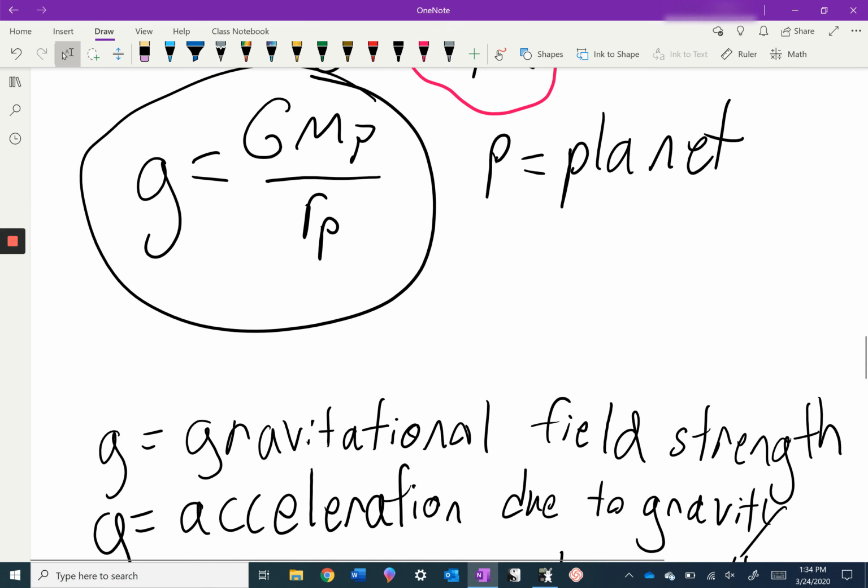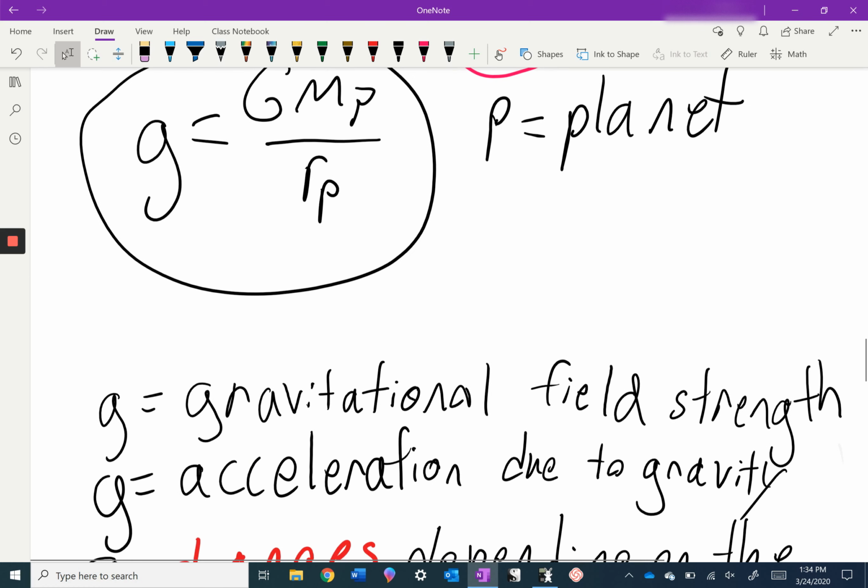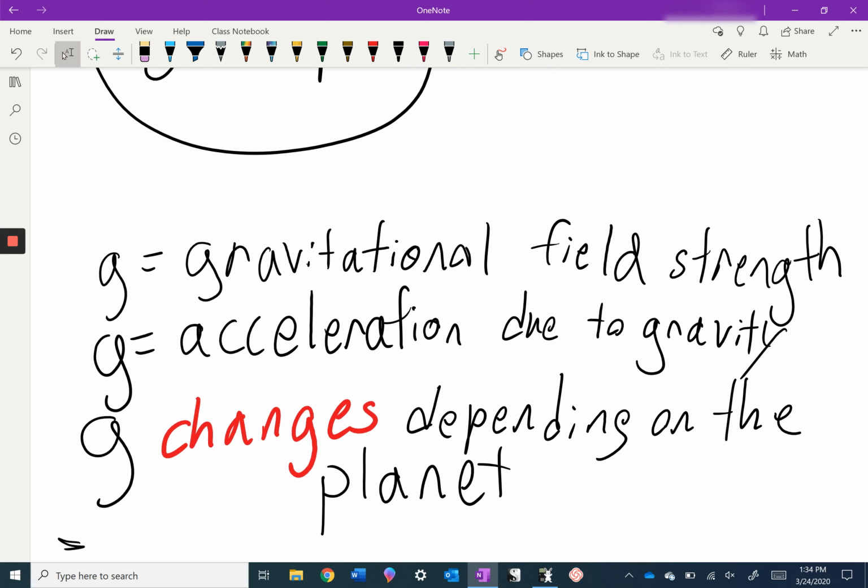However, it is also our acceleration due to gravity, which is the reason you normally see it with meters per second next to it. Now, it's very important here: g changes depending on the planet. Okay? Different planets have different masses. They have different radiuses. So g is going to change depending on the planet.